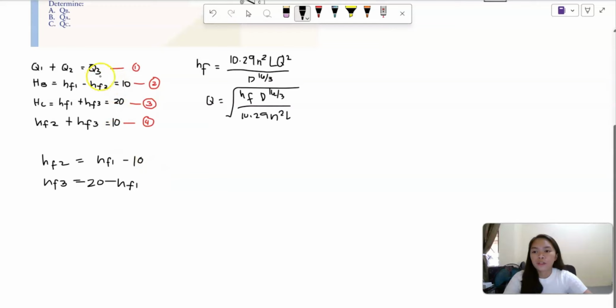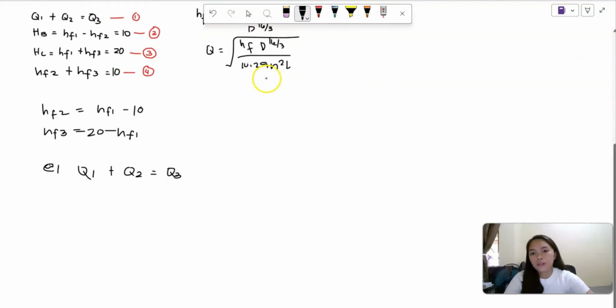So after that, we will use this first equation, Q1 plus Q2 is equal to Q3. Then we will use this formula.